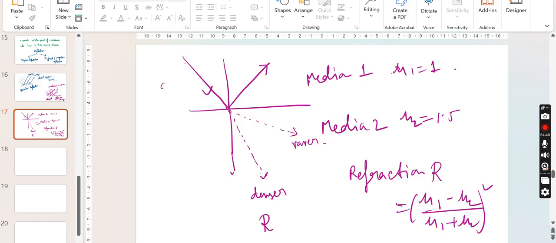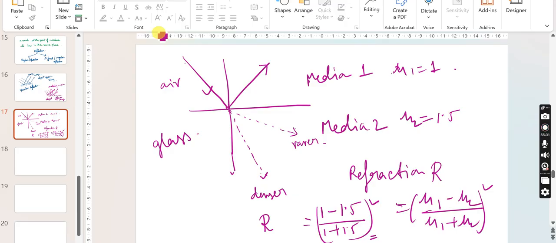So in the case of air and glass medium, this would be (1 minus 1.5) by (1 plus 1.5), so that is 0.5 by 2.5. That is 0.2 or 20%.